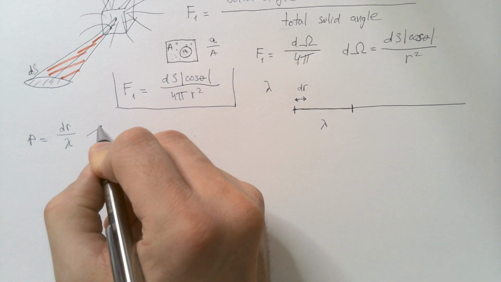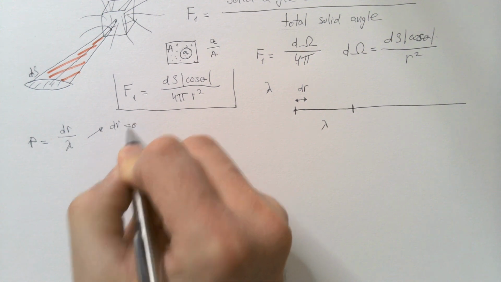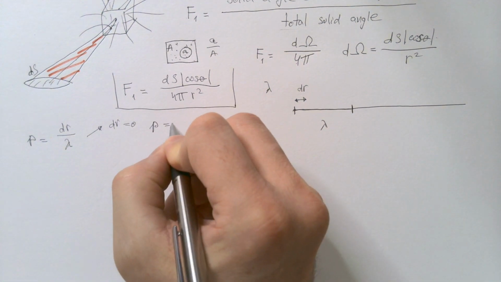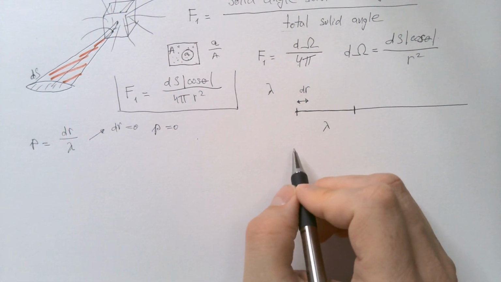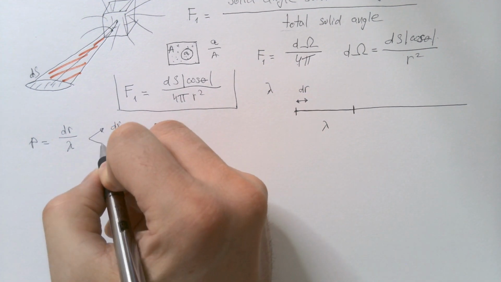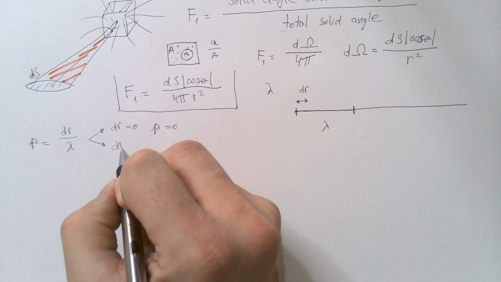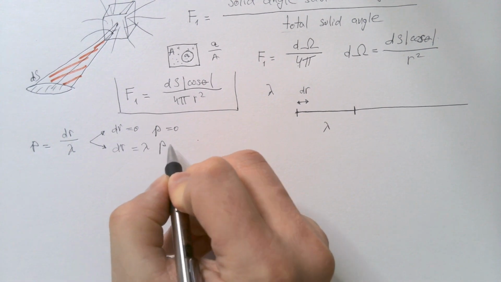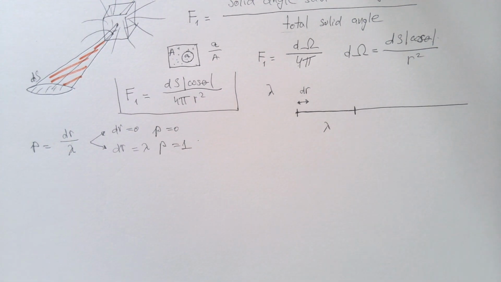Just to convince you further, if dr is equal to 0, well, this probability is equal to 0 because the particle didn't move, so it cannot collide. On the other hand, if dr is lambda, probability is 1 because lambda is the average distance over which particles collide.